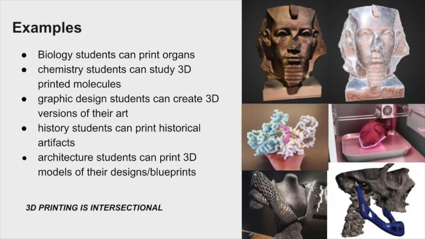So creating a 3D printed food mold could make food more palatable, as it should hopefully increase their nutritional intake. So as you can see, 3D printing is applicable in all fields and everywhere. So it's important to acknowledge that 3D printing is very intersectional.